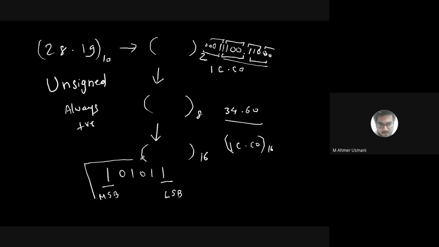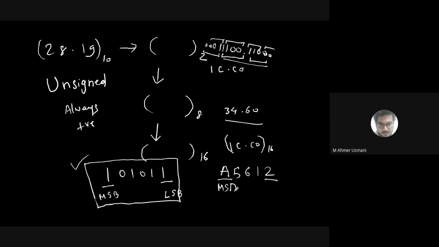Just put a border around it, make it an important point. Whenever there is data in hexadecimal, for example A5612, this digit and this digit will not be called MSB over there.